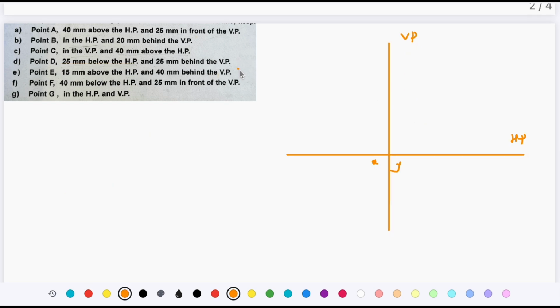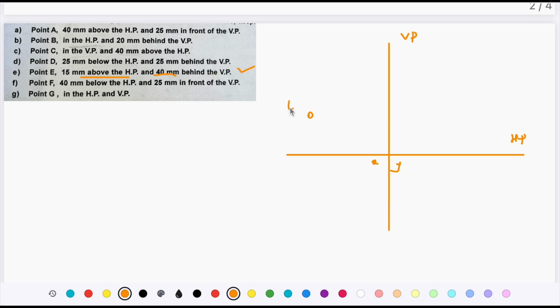Next point is E. Point E is 15 above HP. So above HP by distance of 15. So let's see if it is in first quadrant or second quadrant. Another reference is 40 behind VP.